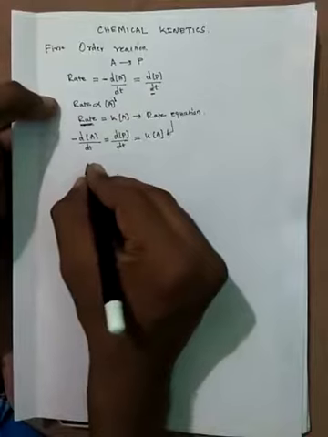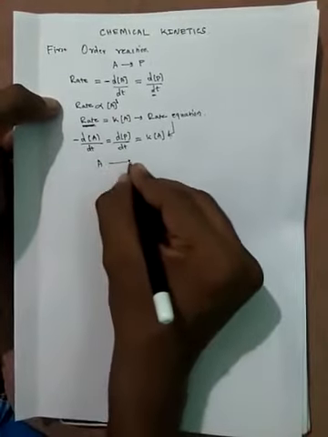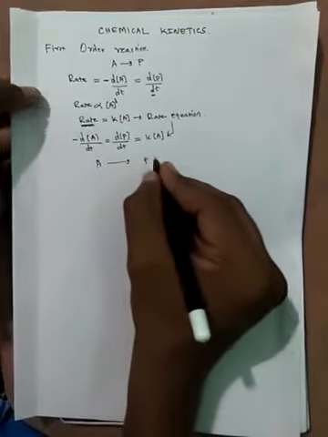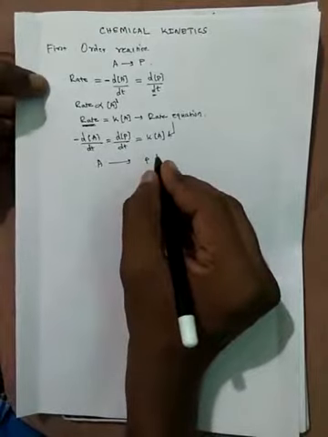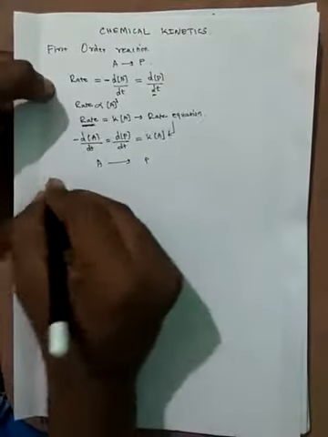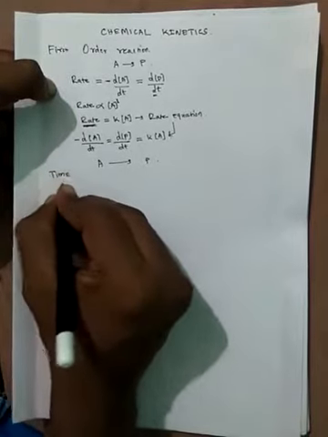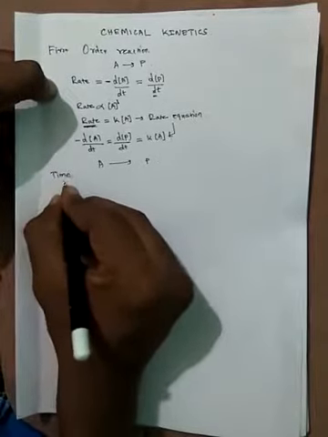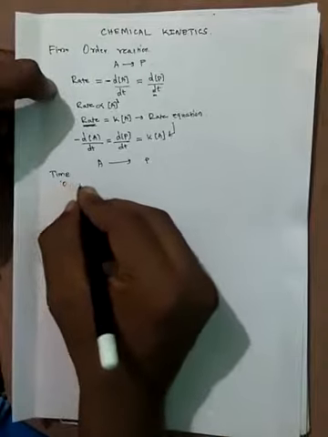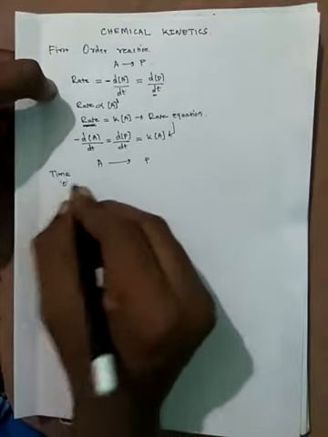Okay, then see, reactant A is converted into product. At time 0, the reaction has not started.